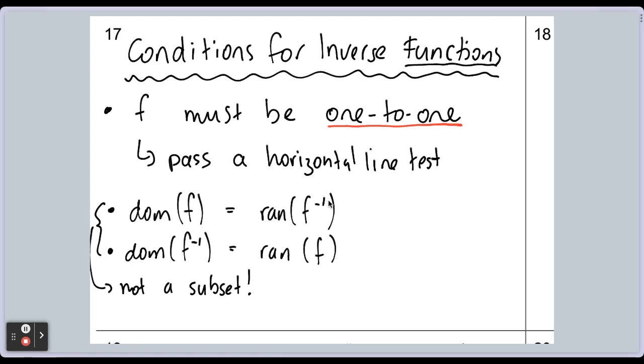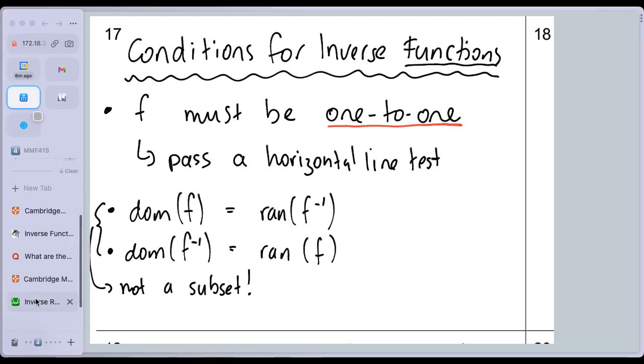We've settled on the top one before, that the domain of the function must be the same as the range of the inverse, but we haven't looked at this one as well. So all of these things must match up. If these things are true, then it will have an inverse. Note, not a subset. The domain must be the same as the range, not just a subset of it.